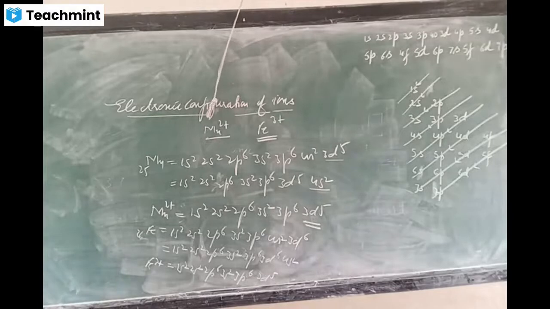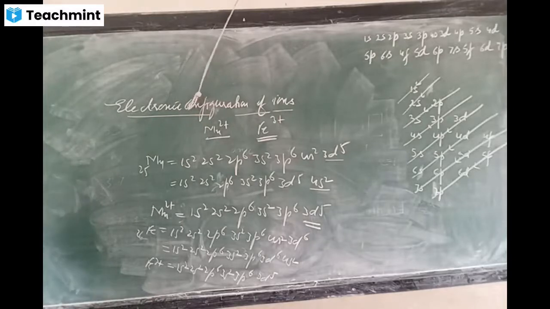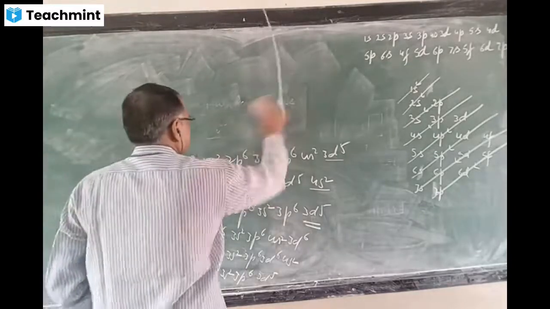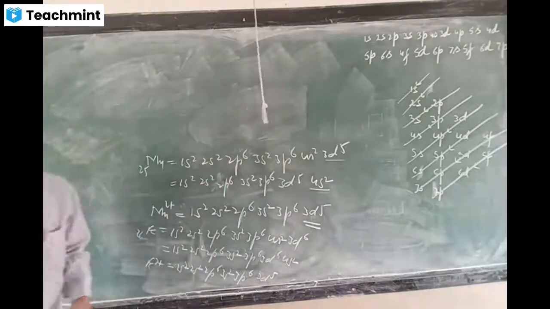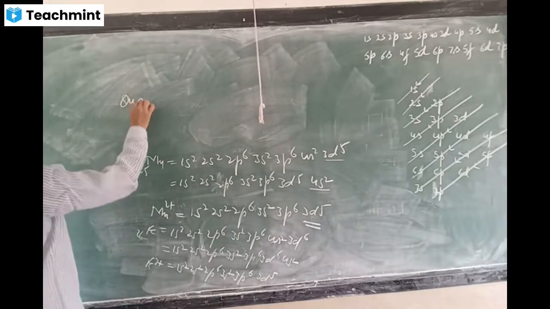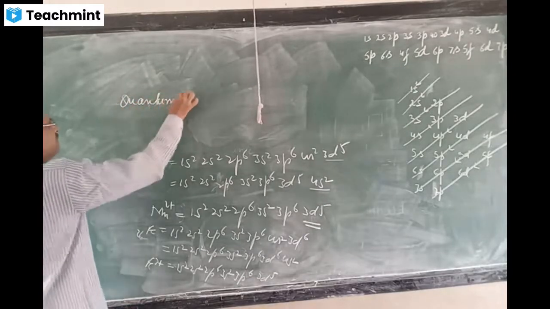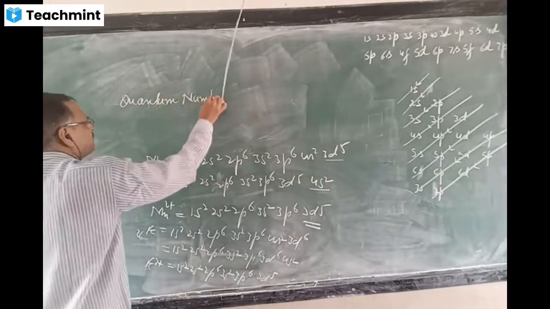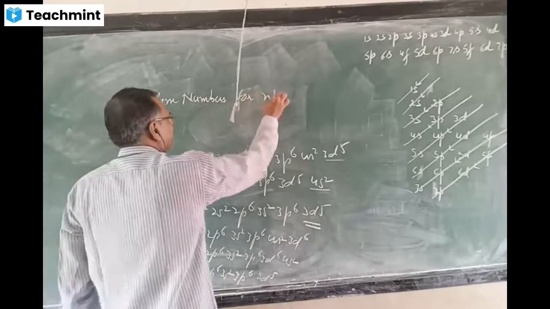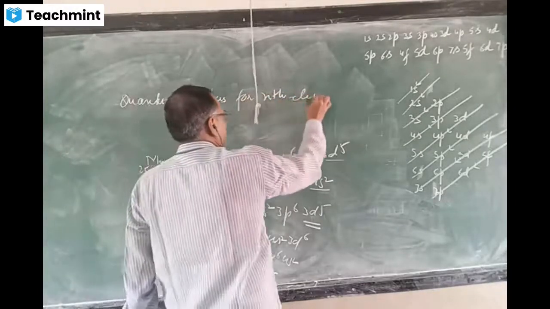Now, next one: quantum numbers for the nth electron. How can we calculate quantum numbers for the nth electron?